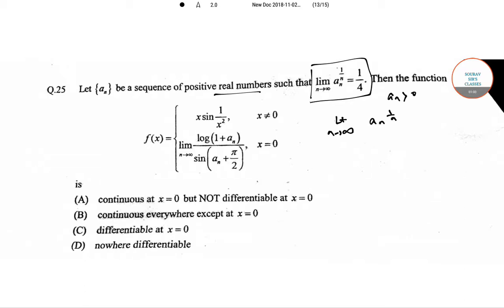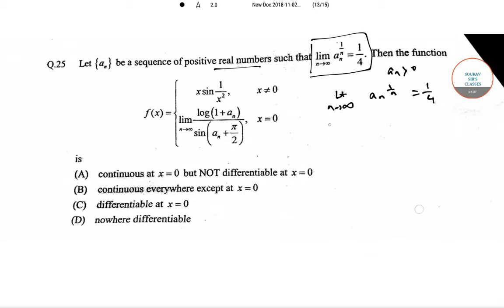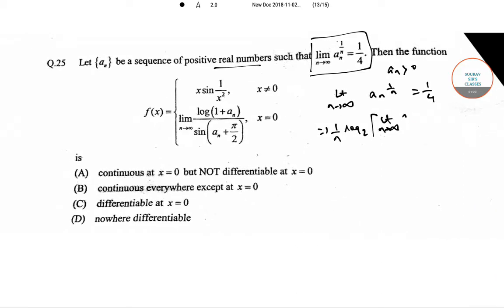a_n to the power 1 by n is equal to 1 by 4. Now taking log to the base 2 on both sides, we get 1 by n log 2 limit n tends to infinity a_n is equal to log 2 of 2 to the power minus 2.